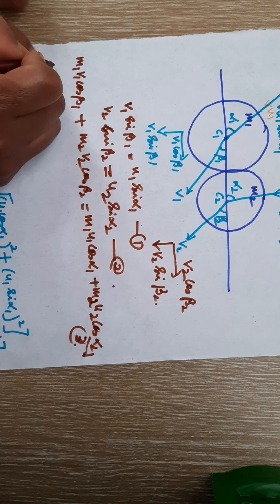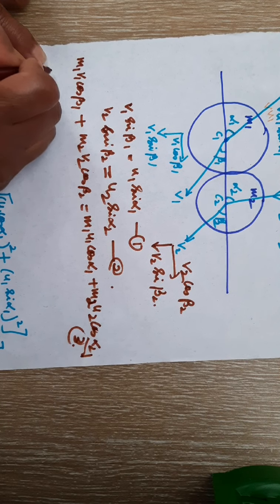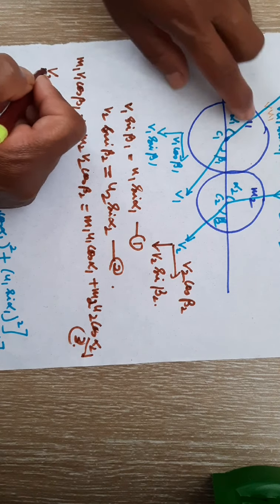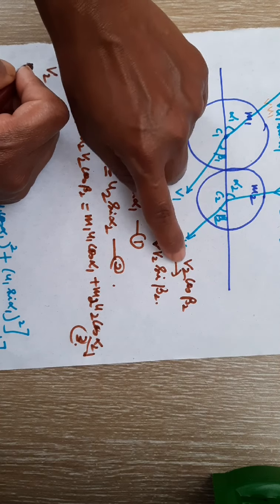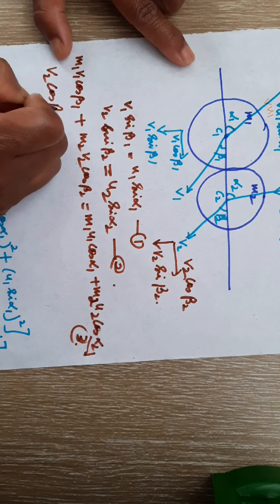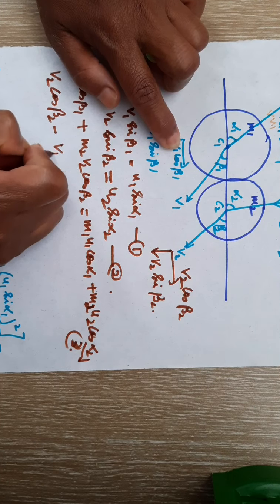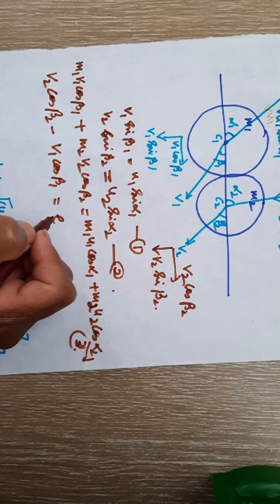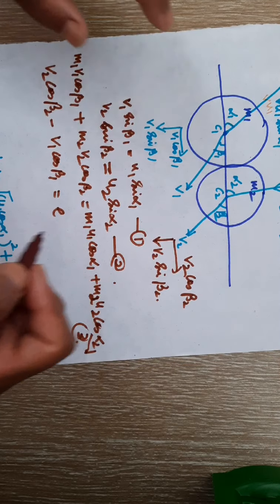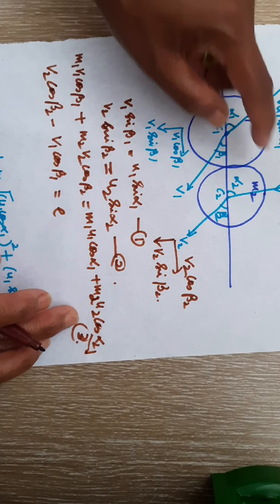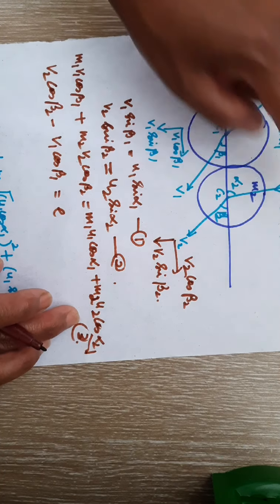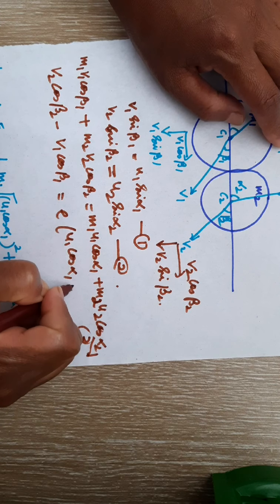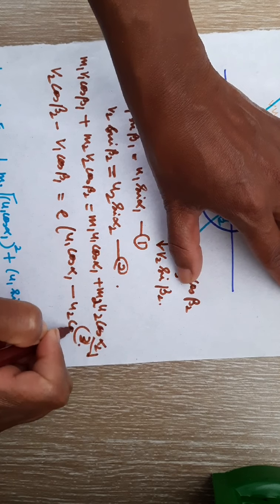And by Newton's experimental law, we have this relation: v2 cos beta 2 minus v1 cos beta 1, the relative velocity of separation along the line of centers, is equal to e times the relative velocity of approach before impact, that is u1 cos alpha 1 minus u2 cos alpha 2.